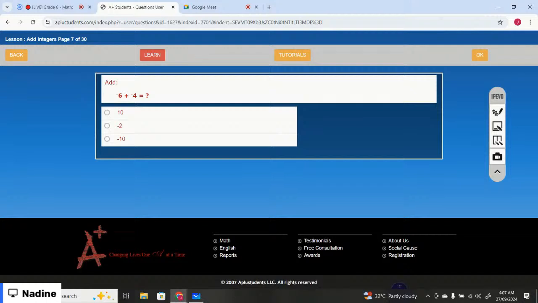The next one is negative 6 plus negative 4. So you are adding two negative numbers. So which is the correct option?